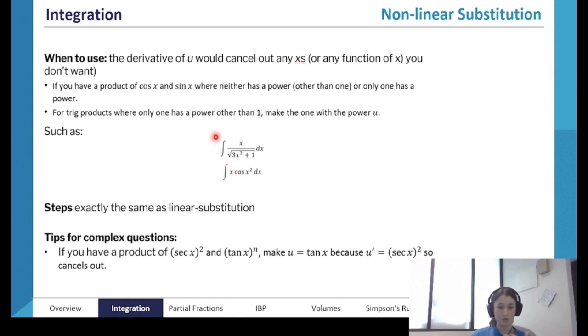You need to recognize if the derivative of one is going to cancel out the other. So make sure you're practicing your derivatives and be good at recognizing those patterns. Look at an integral and ask yourself, is the derivative of one of these functions going to cancel out the other?